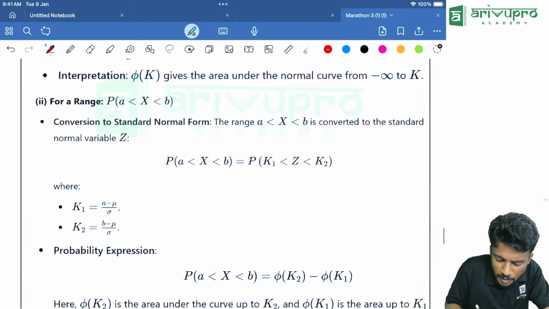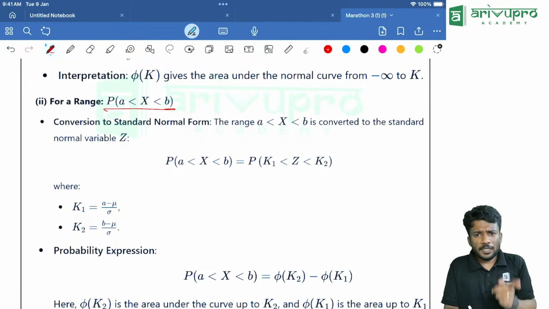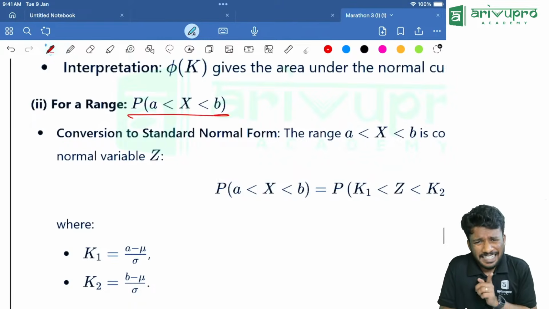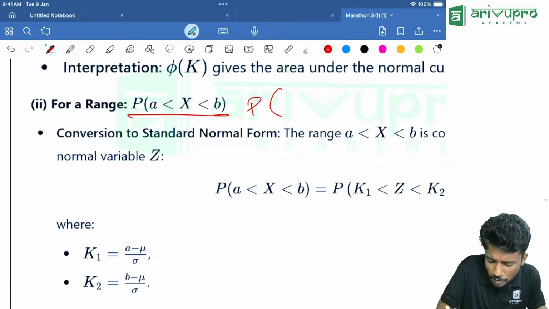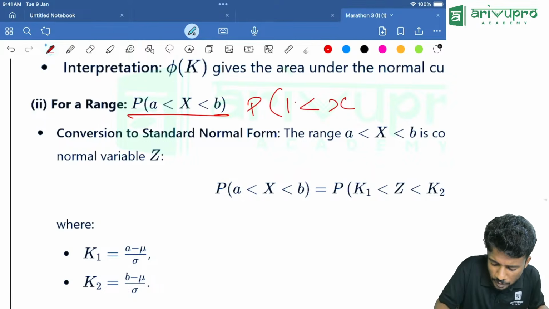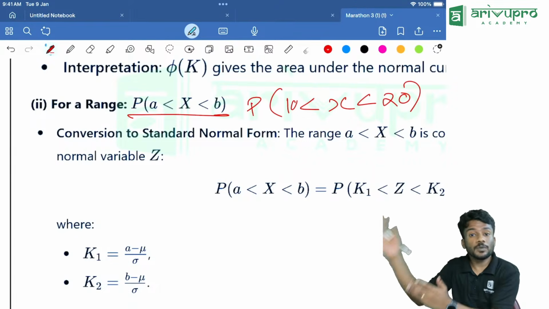Look here. Sometimes they will ask us to find the probability of X being between A and B. For example, P of 10 less than X less than 20. In that case, we need to convert it into a standard variable.